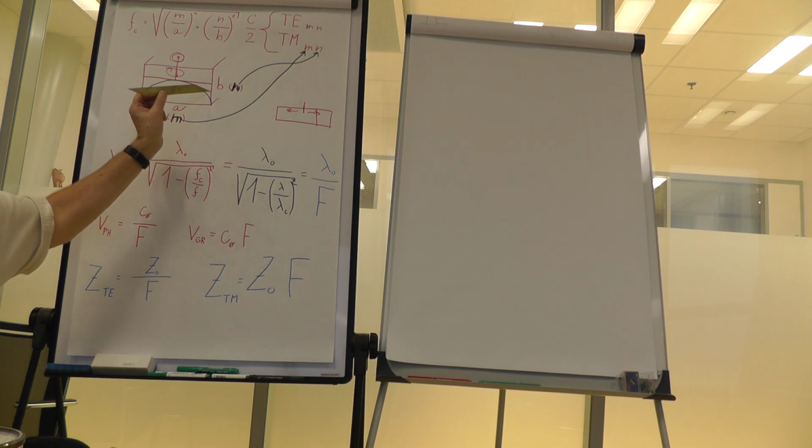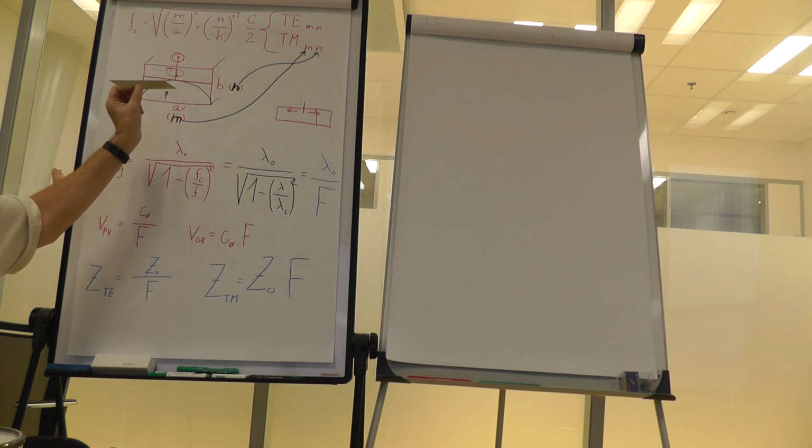Now, if we move this insert into the middle of the waveguide, then there will be a strong interaction. And remember that within a dielectric, the electromagnetic wave has to propagate slower because this dielectric has greater relative permittivity than the air.